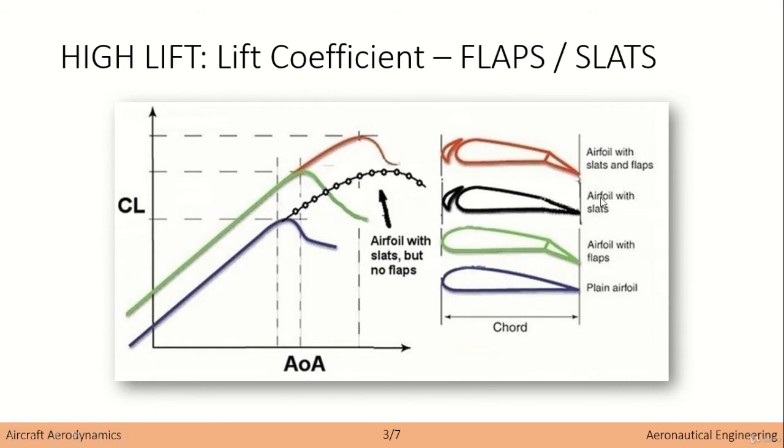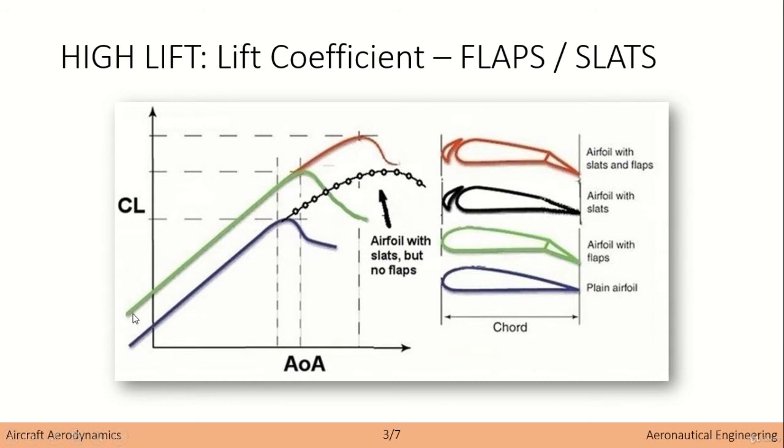First of all, we will be discussing flaps, and I'll talk in detail about what flaps are in a bit, but for now, I just want you to recognize the different elements. So this would be the normal curve, just a generic curve of the coefficient of lift with no additional high lift devices.